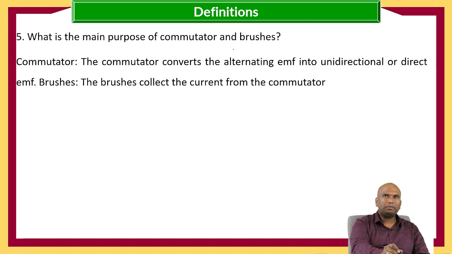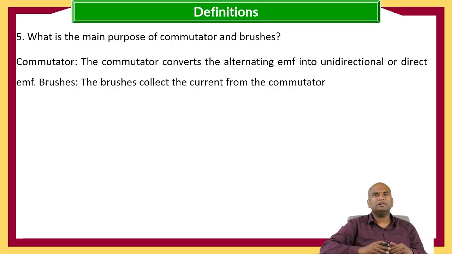What is the main purpose of commutator and brushes? The commutator converts the alternating EMF into unidirectional, or direct EMF. That is nothing but the alternating voltage which we develop in the DC generator will be converted into DC voltage by using the commutator.